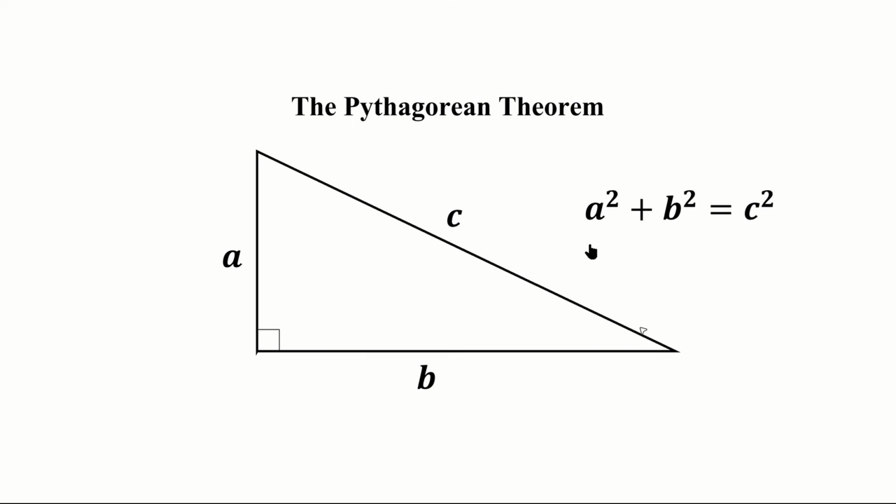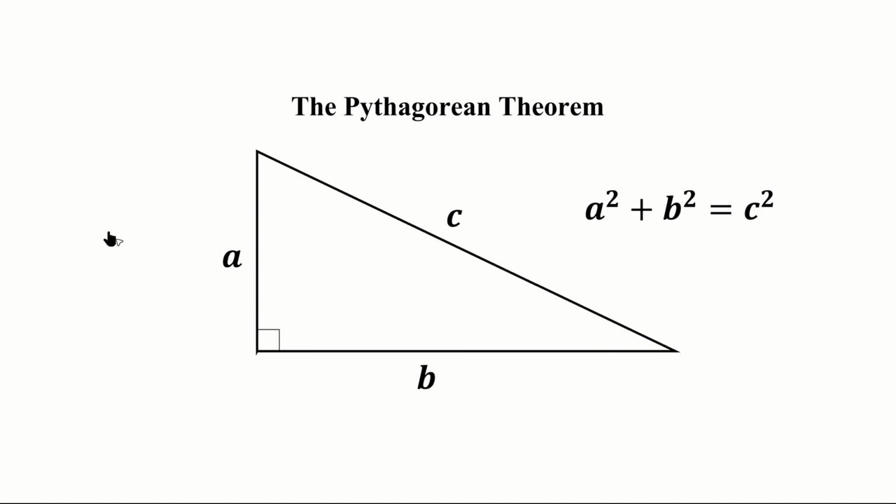Now, please do not get attached to the letters a, b, and c here and think that it's always going to be the case with a right triangle that a squared plus b squared equals c squared. No, it just happens to be so because a and b are representing the legs and c is representing the hypotenuse. If that were not the case, you wouldn't get the same result.